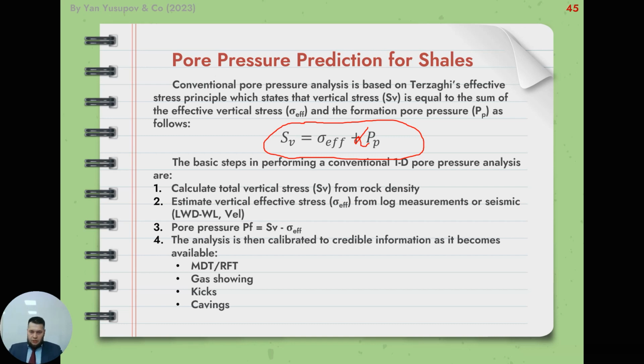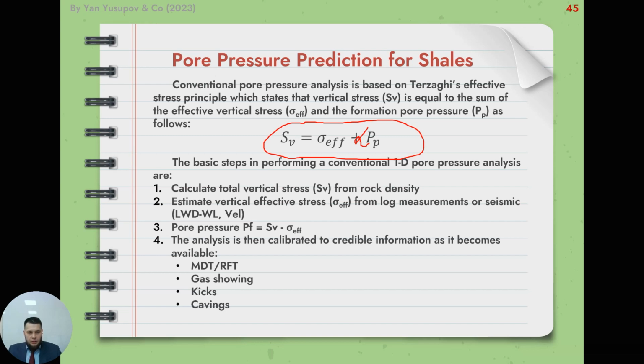The basic steps in performing a conventional 1D pore pressure analysis are four steps. At first is calculation of total stress, then estimation of vertical effective stress from either log measurements or seismic velocities.